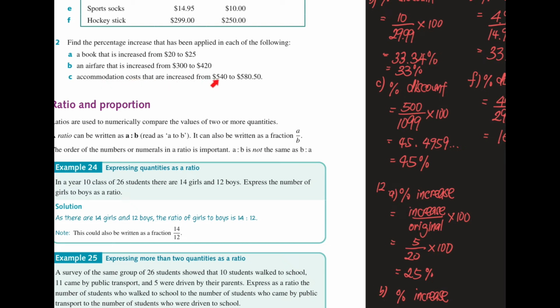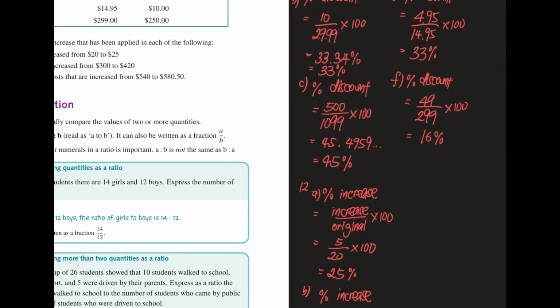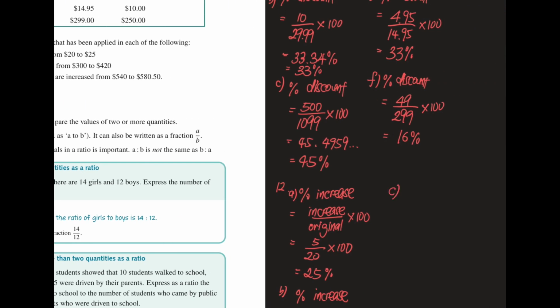And now C, accommodation cost that are increased from $540 to $580.5. So we minus this, we get 40.50. That is the increase.